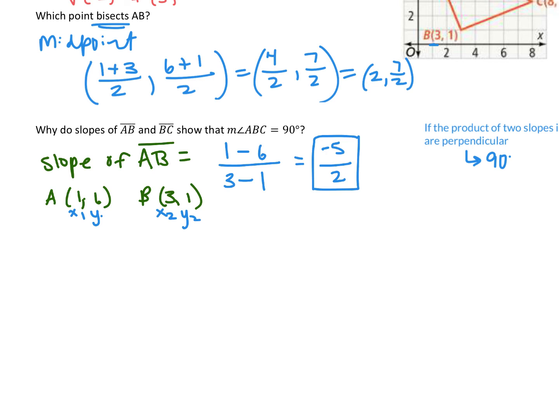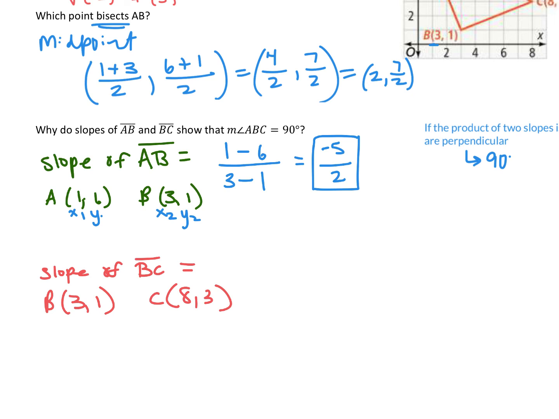Now we're going to find the slope of BC. So let's go ahead and write out what those two ordered pairs are just so they're handy. Point B we wrote down above, that is the point (3, 1). Point C is (8, 3).